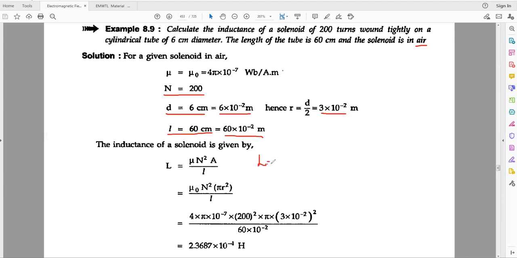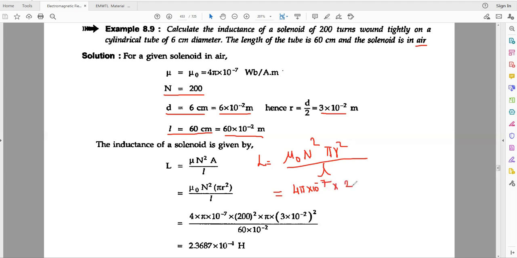Substitute this in L is equal to mu naught n square A by L, where A is the area of the solenoid, pi r square. What is mu naught? 4 pi into 10 to the power of minus 7.